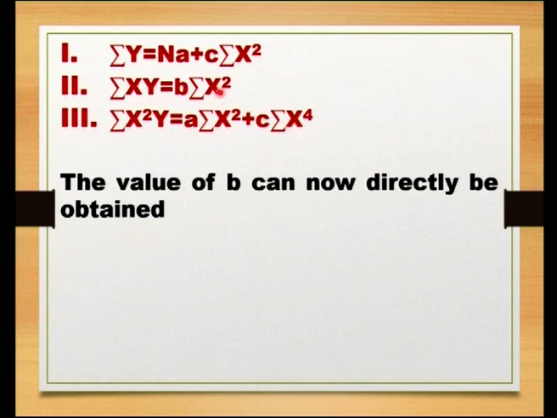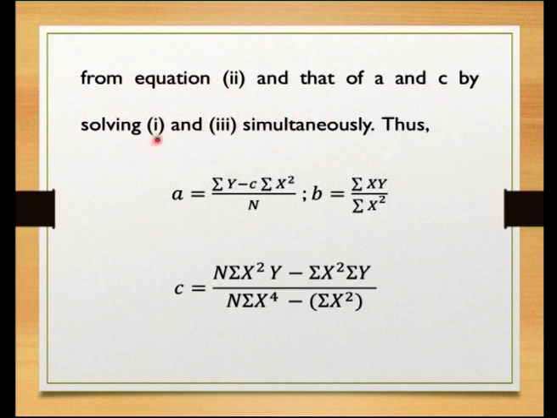The second equation gives you the value of b, and then a and c can be solved by the first and third equation simultaneously. So, likewise it is computed: a is equal to summation y minus c into summation x square by n. This formula of a, b, c has to be used only when summation x and summation x cube are equal to 0.